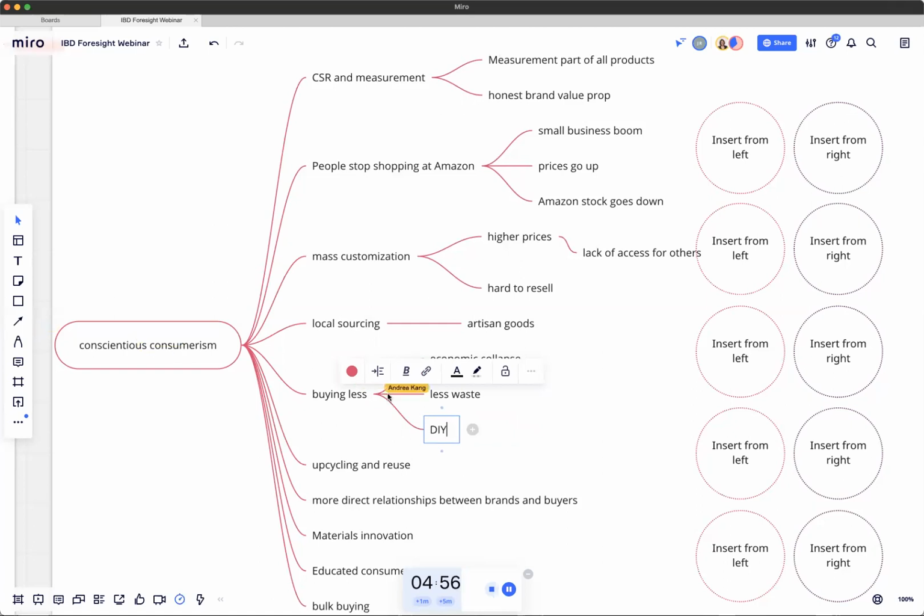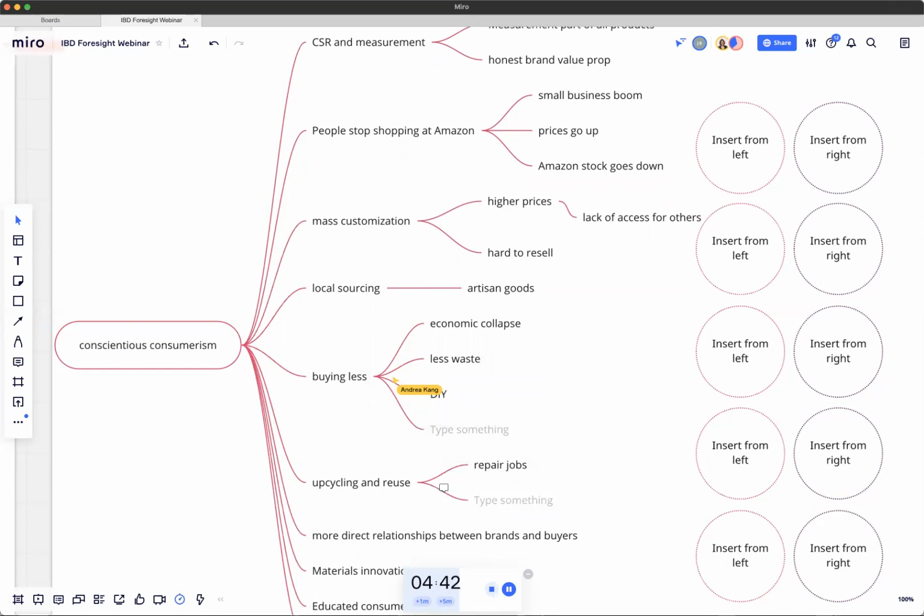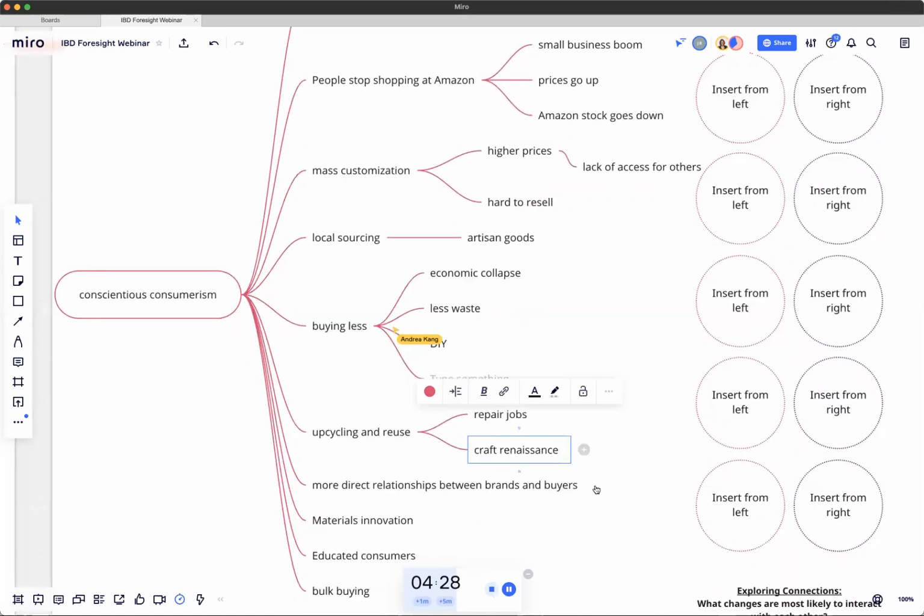Arts and crafts culture rise. More trades work. Been seeing a lot of things about repair culture, being able to repair things yourself. So maybe that plays into DIY there. Recycling and reuse. Yeah, more emphasis on just parts instead of sourcing out an entire new good. Interesting.